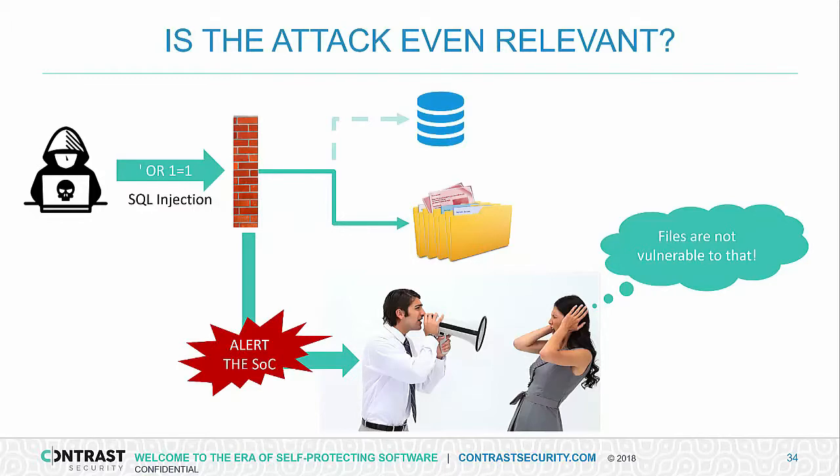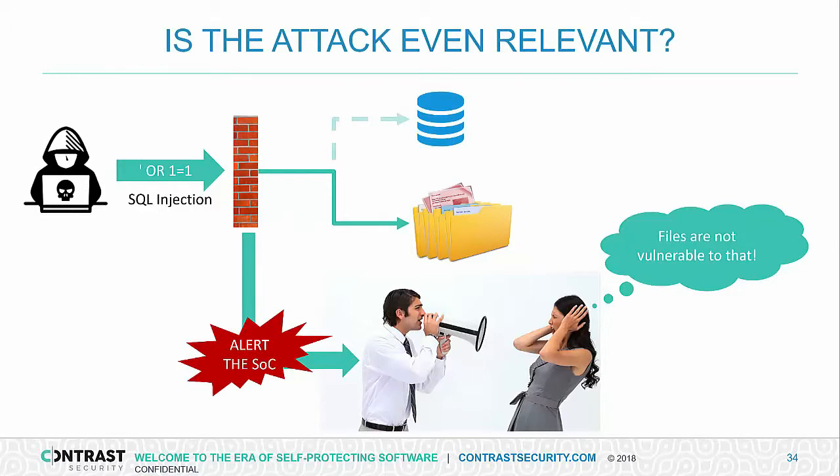A web application firewall, without this context, is going to constantly alert people to investigate noise. It says, you better tell somebody that we're being attacked right now and you need to investigate this attack, because our web application firewall is seeing it.